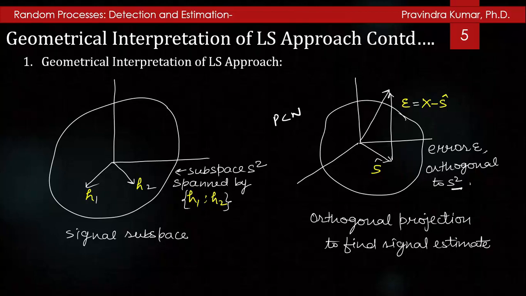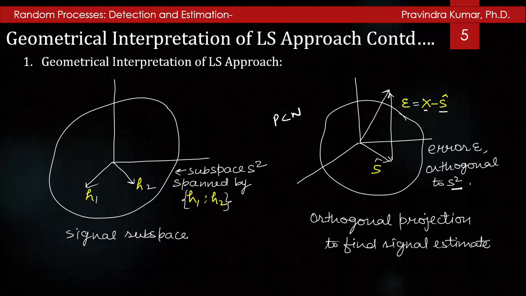It is observed that the vector s cap lies in the S^2 and is close to x in the Euclidean sense, being the component of x in S^2, and the error vector is x − s cap.